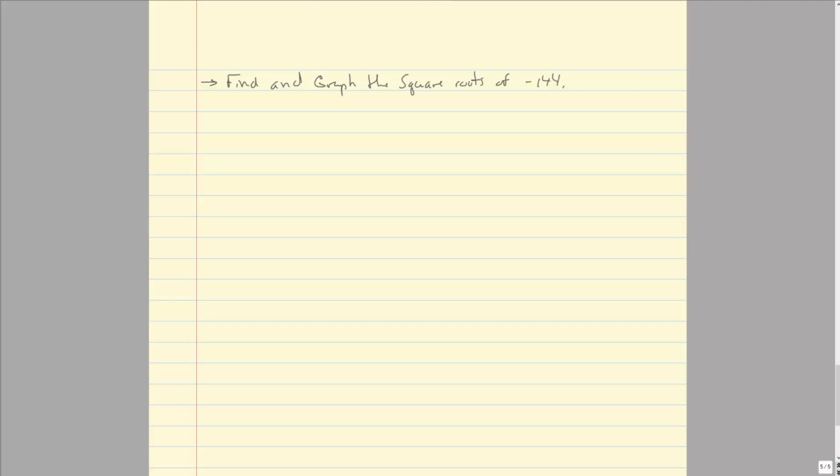So to get started, we want to take negative 144 to polar form. And of course, polar and trigonometric form means the exact same thing, so you can use those interchangeably. So if I do this, I have x plus yi.